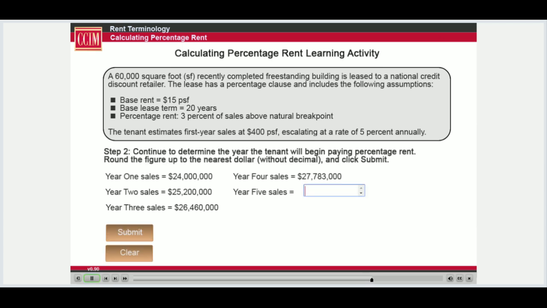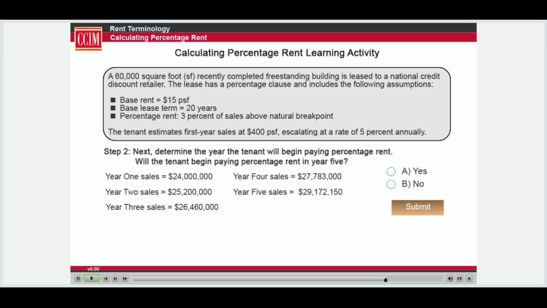Continue to determine the year the tenant will begin paying percentage rent. Round the figure up to the nearest dollar without decimal and click Submit. Will the tenant begin paying percentage rent in year 5?